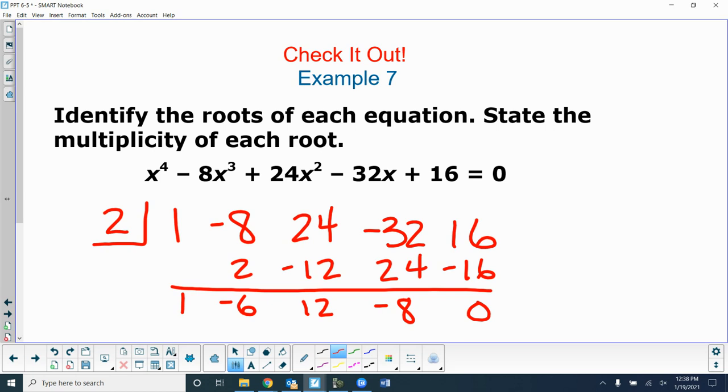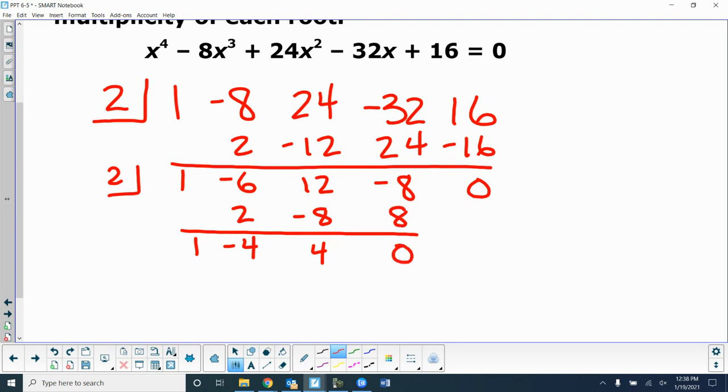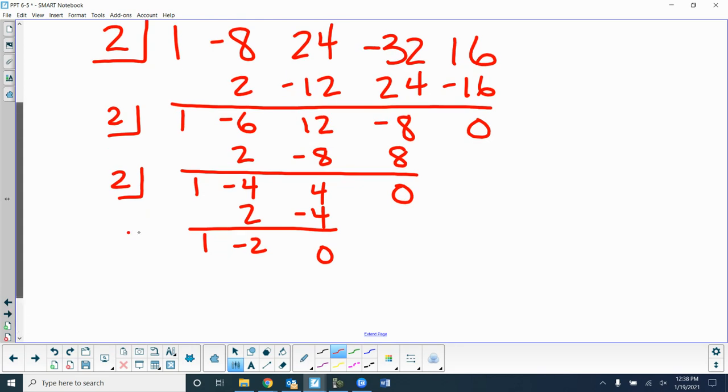Worked that time, right? We're thinking it works at least twice, right? Let's see if it works a 3rd time. Oh, it does. Is it going to work a 4th time?